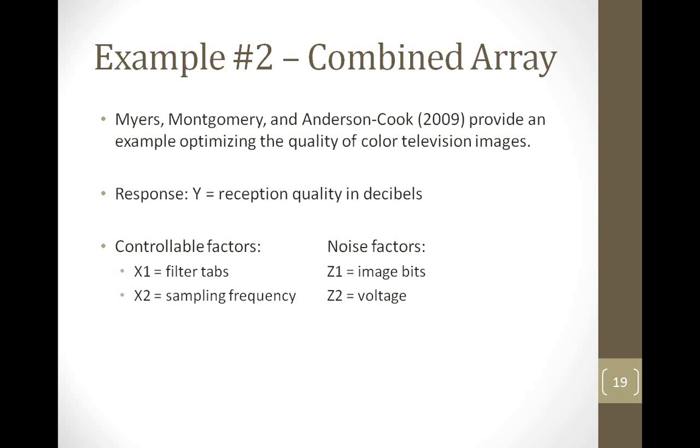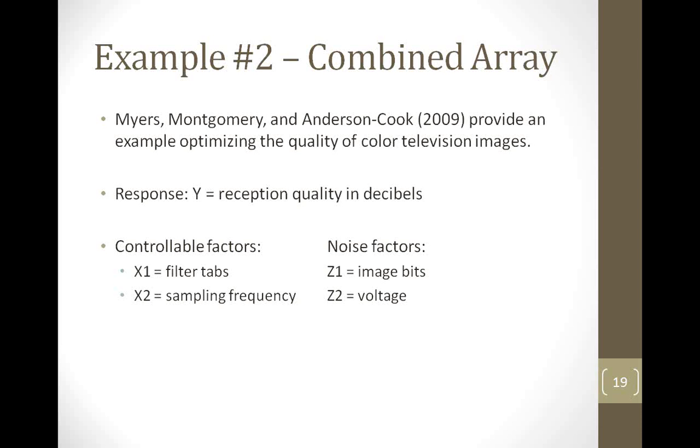So the basic goal of this experiment will be to find levels of filter tabs and sampling frequency which maximize mean reception quality, while minimizing the effect of image bits and voltage on that reception quality.